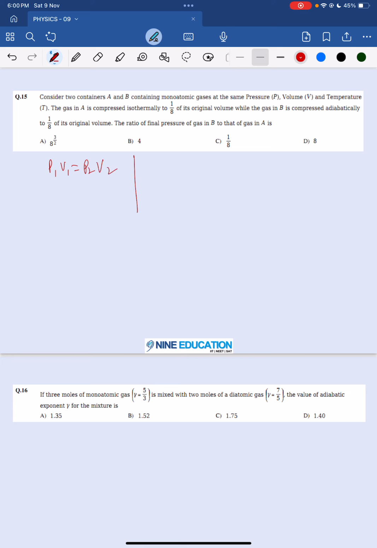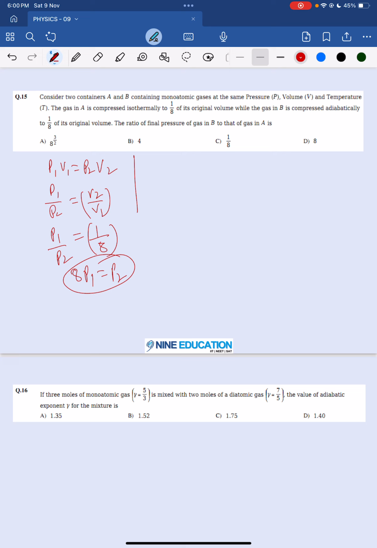So P1 by P2 equals V2 by V1. They say the gas is compressed isothermally to 1 by 8 of its volume, so V2 is 1 by 8 of V, and P1 by P2 is 1 by 8. So we can say that 8 P1 equals P2.